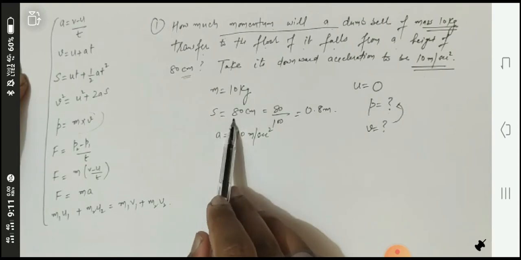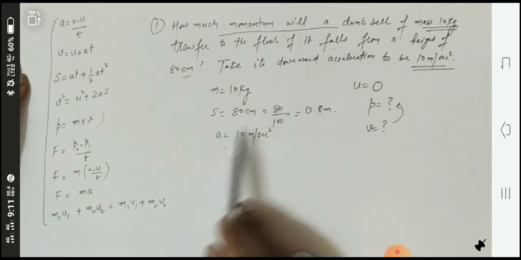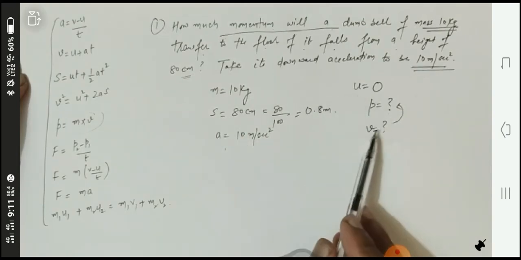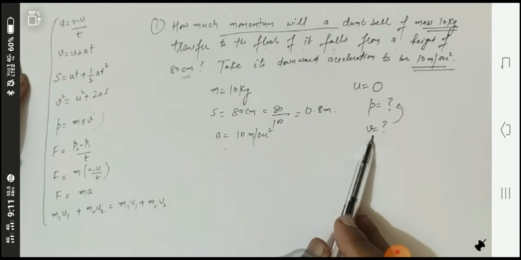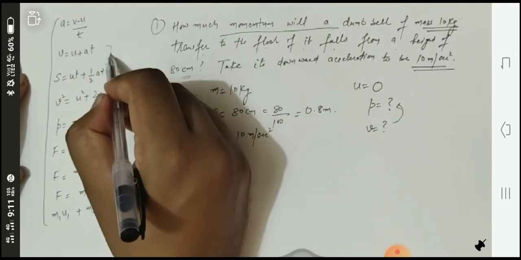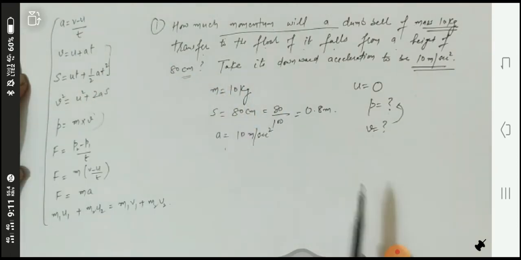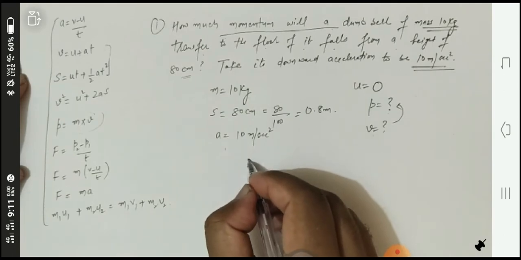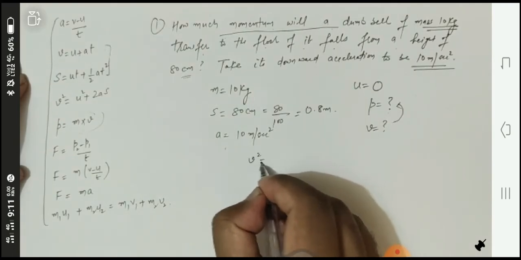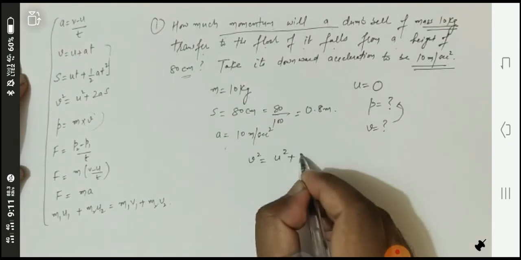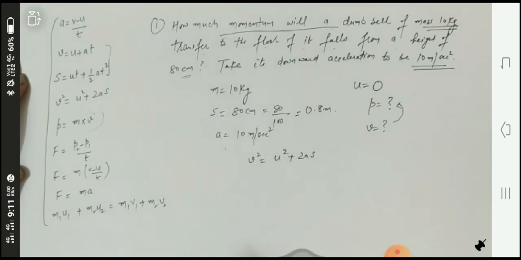We have s, a, and u, but we don't have time, so the first two equations of motion can't be used. According to the third equation of motion, v² = u² + 2as.